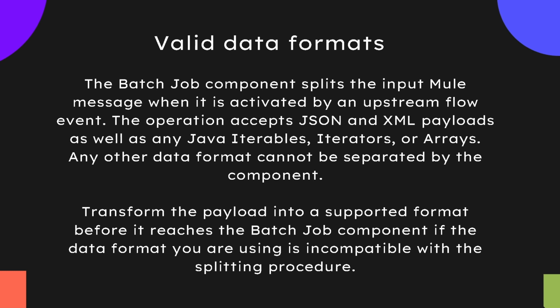If you pass any other data format on which the batch process is not able to perform a split, then you need to transform it into the mentioned data formats: JSON, XML, Java iterables, arrays. The data format should be compatible with the batch job component so that it can perform the splitting operation. We will also understand it with the help of one POC which I have created in my Anypoint Studio.